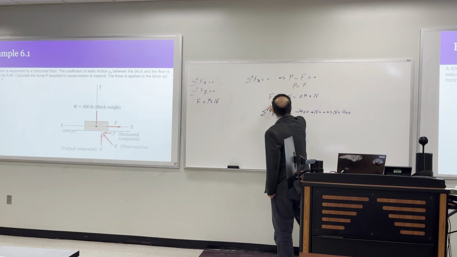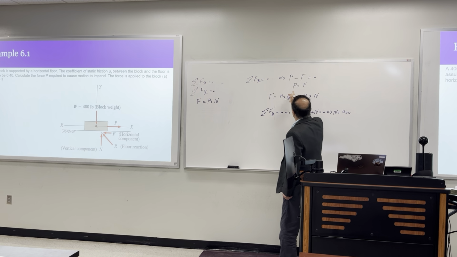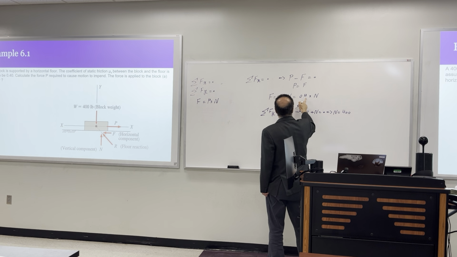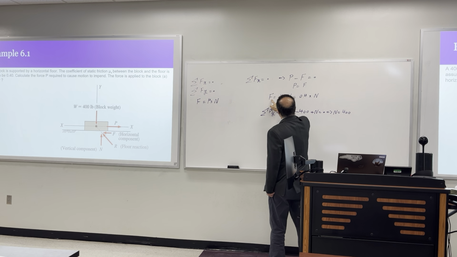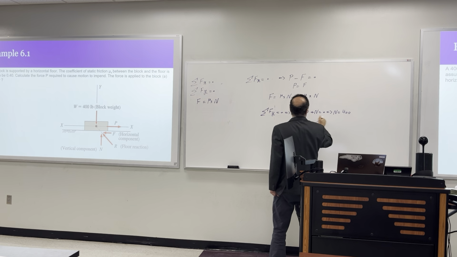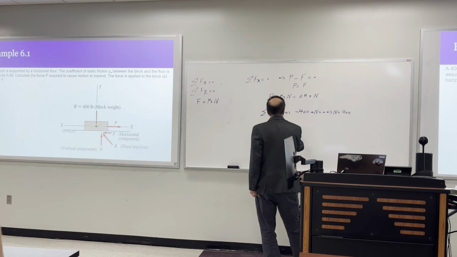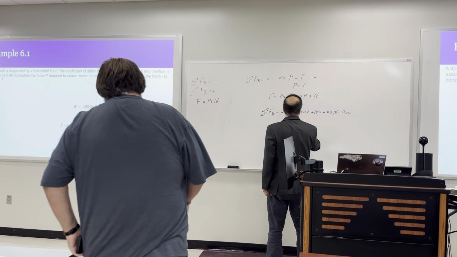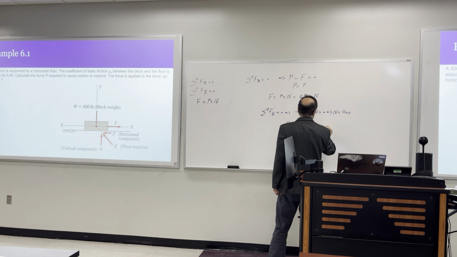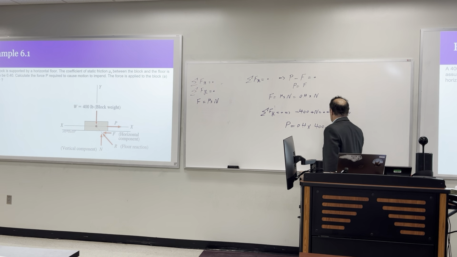I was looking for P. P is F, and F is a function of N. So I can make it 0.4 times 400. It will be 160 pounds.